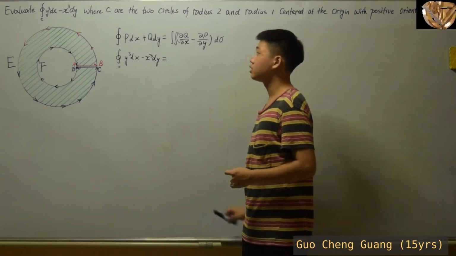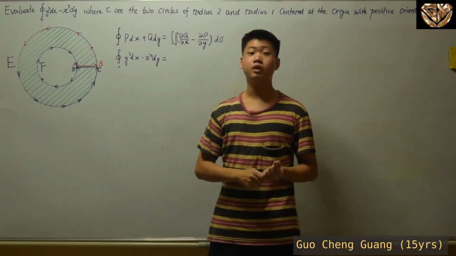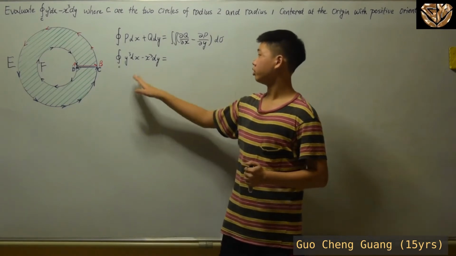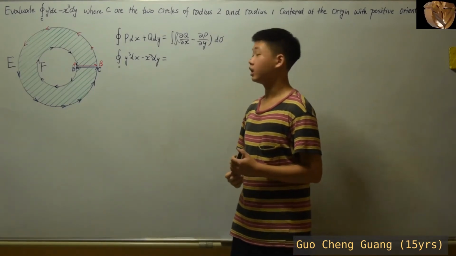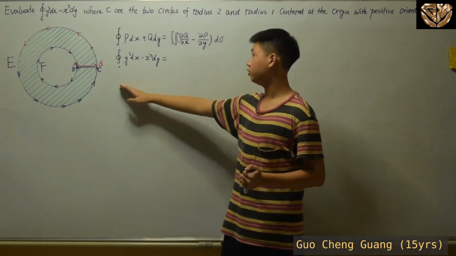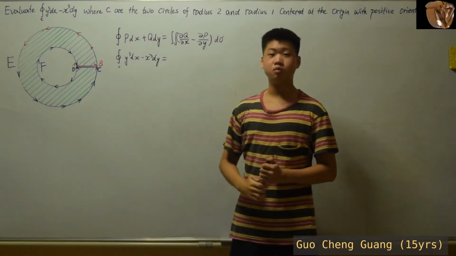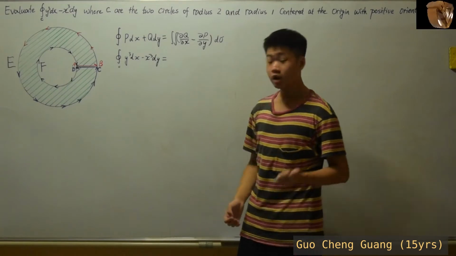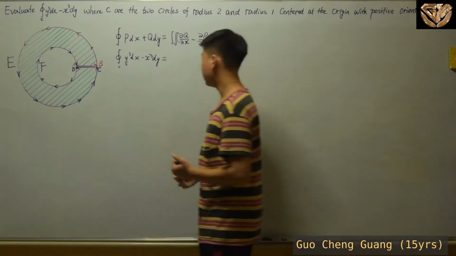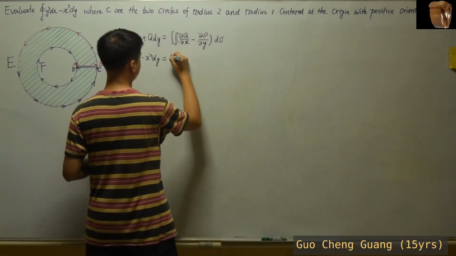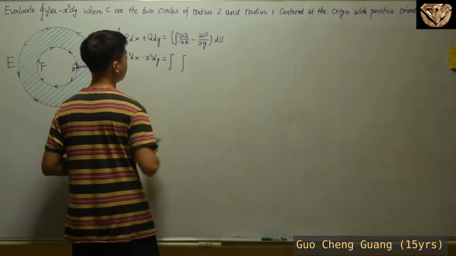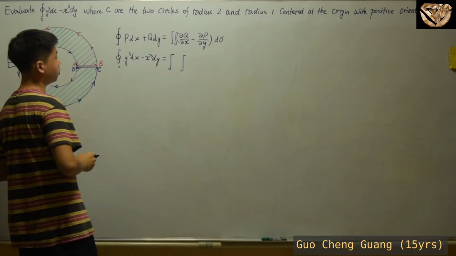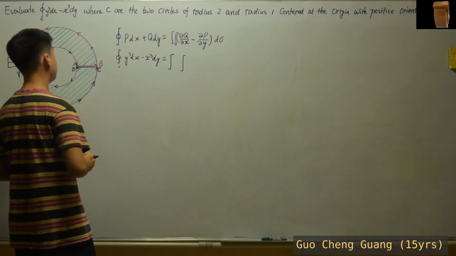So let's take a look at how we use it in this example here. First of all, you see you have this line integral along your curve, and it is y cubed dx, and then you subtract x cubed dy. So you would want to write it in this form. After all, you would have to once again determine your boundaries and everything.